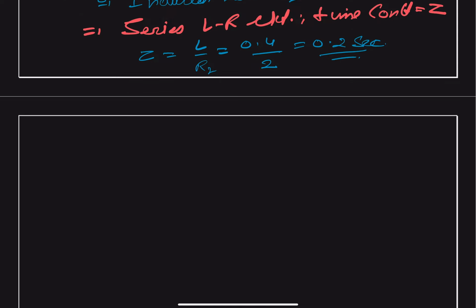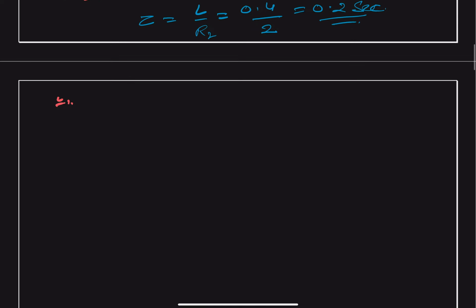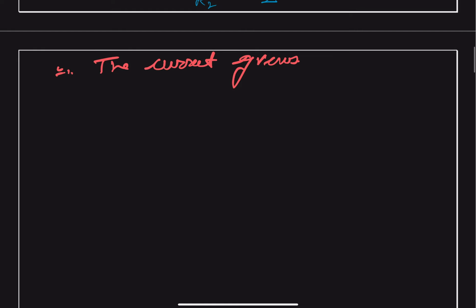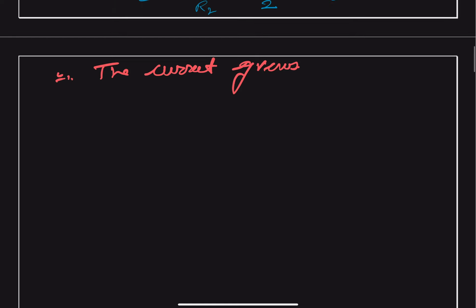Therefore, we can write the equation for how the current grows through this LR circuit. The equation is simple because now the circuit consists of an inductor and a resistance. The inductor is L, the resistance is R2, and the current flowing through it is IR2(t), time dependent.